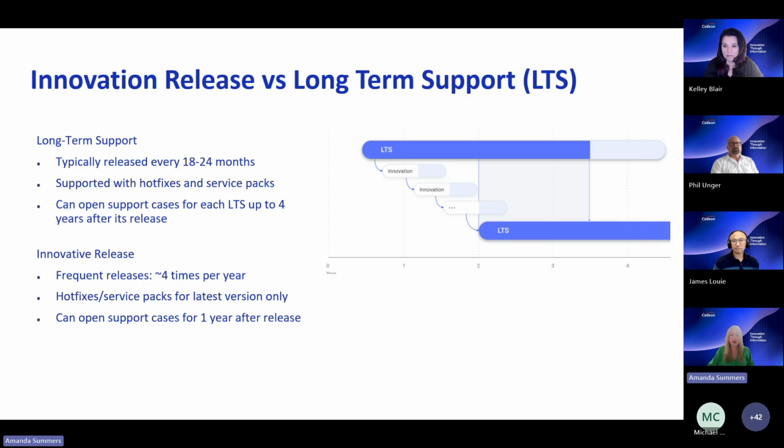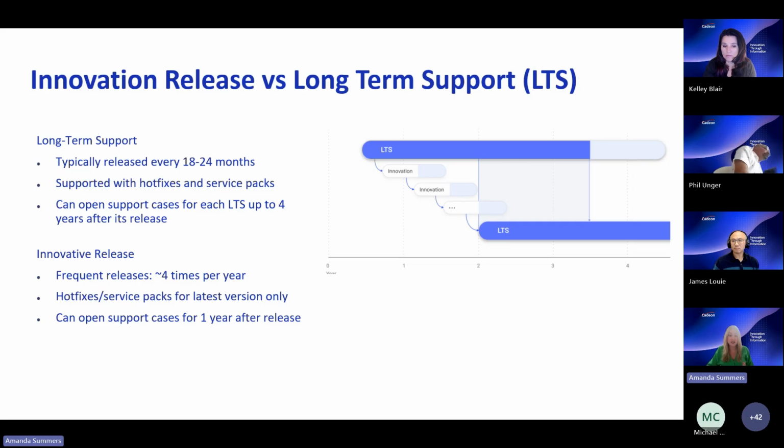Those releases come out roughly every 18 to 24 months, so organizations don't have to upgrade frequently. They receive hot fixes and service packs, which means critical issues are addressed without introducing major new features that could disrupt existing workflows. Another key advantage is you do get an extended support window, so you can get support on the version you're on for up to 4 years after its release date.